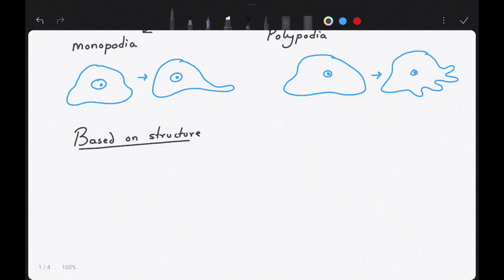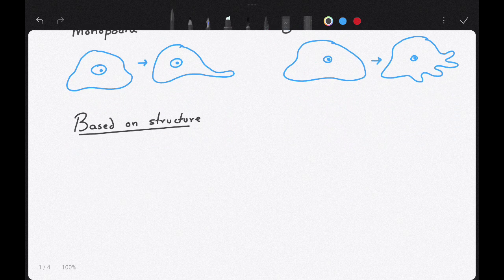The first one is known as lobopodia. What happens is that the pseudopodia is lobe-like. Lobe-like means it is blunt in structure.